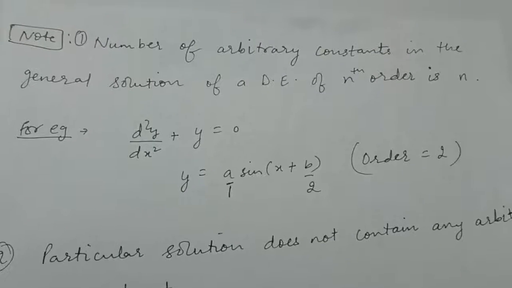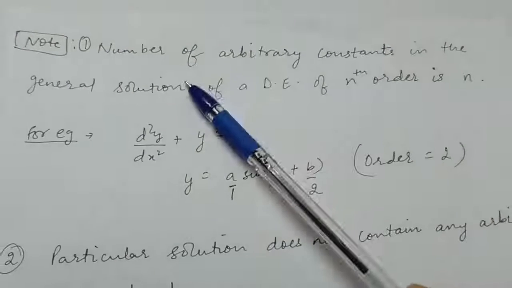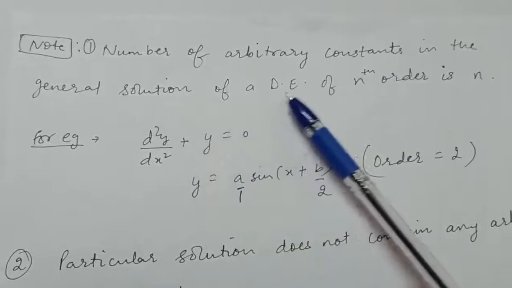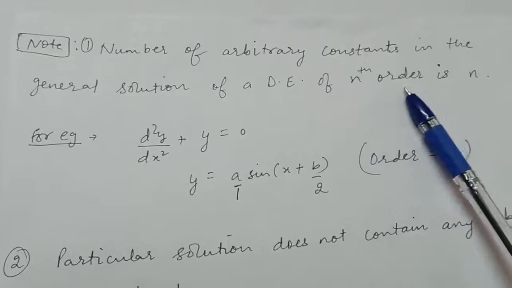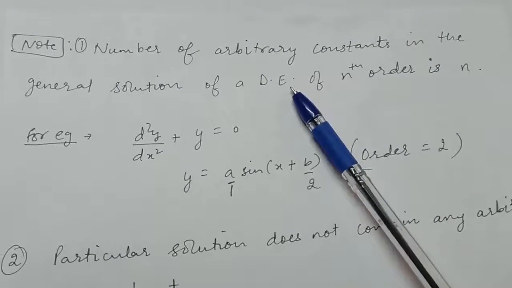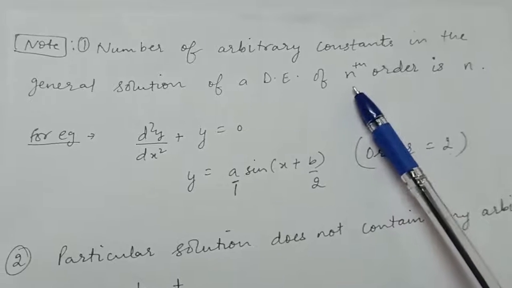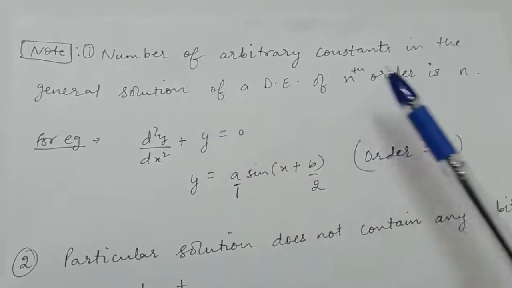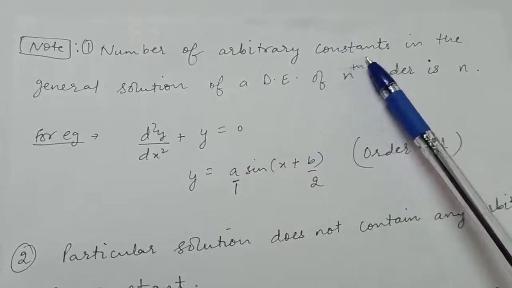There are some notes. First, the number of arbitrary constants in the general solution of a differential equation of nth order is n. That is, if there is a differential equation whose order is n, then its general solution will include n arbitrary constants.